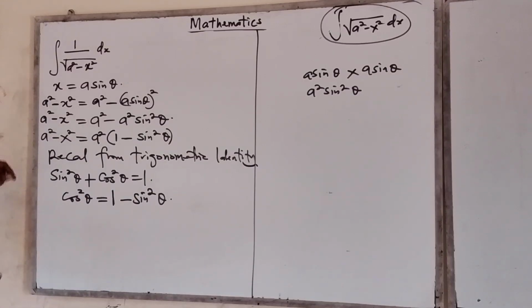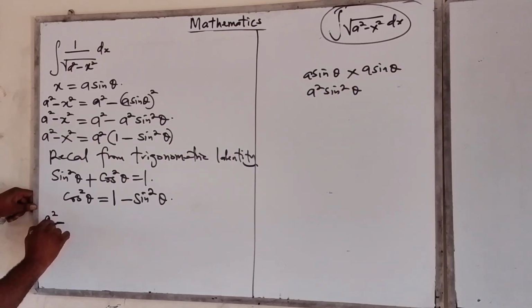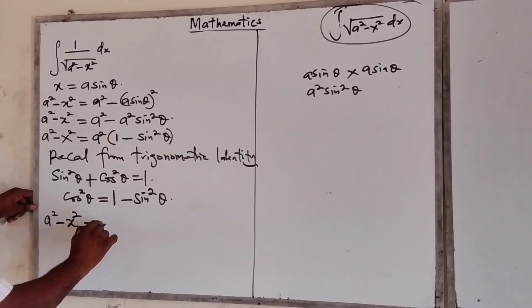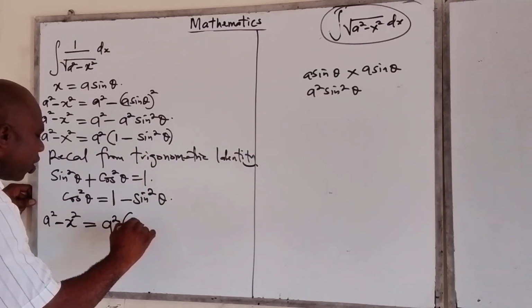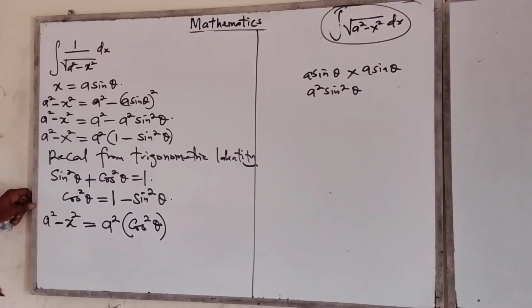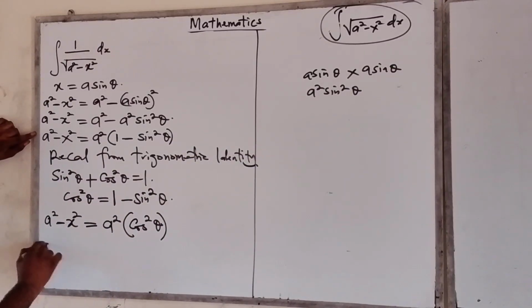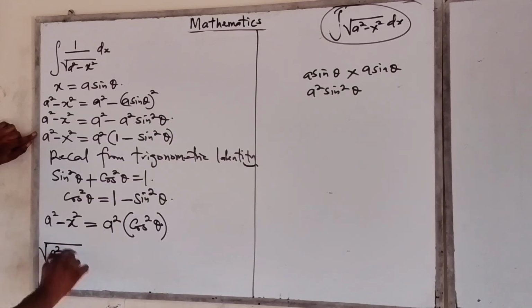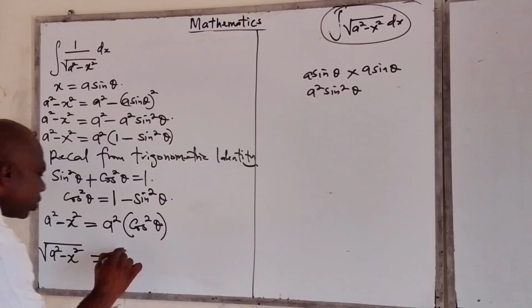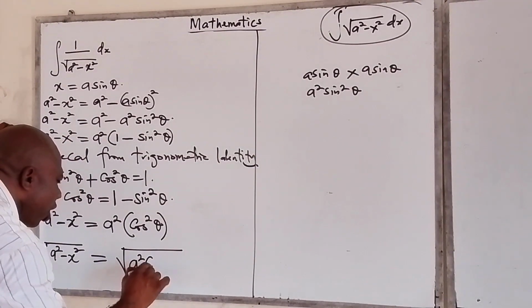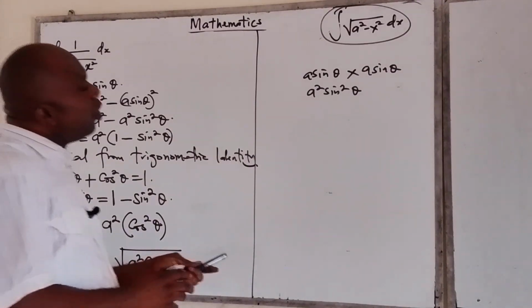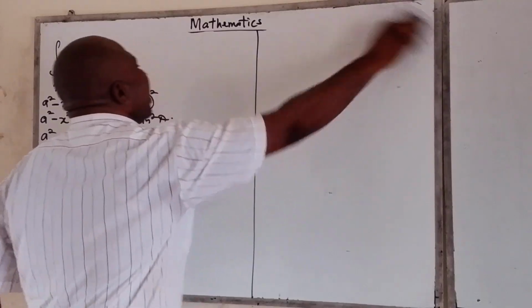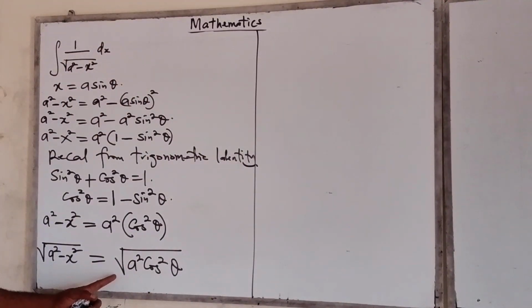Now, coming back to this, a squared minus x squared will be equal to a squared in brackets, and this 1 minus sine squared theta is cos squared theta. So the square root of a squared minus x squared will be equal to the square root of a squared cos squared theta. We know that the square root of a number is the number that will multiply itself to give you the number inside the radical.